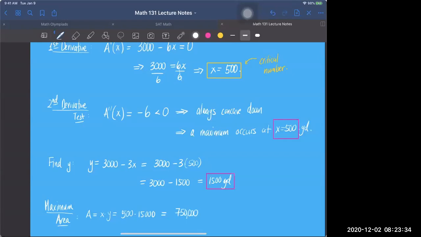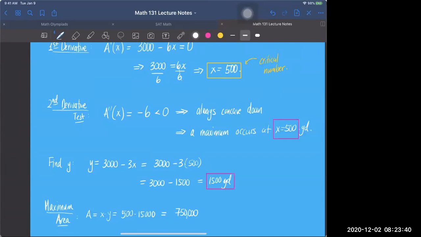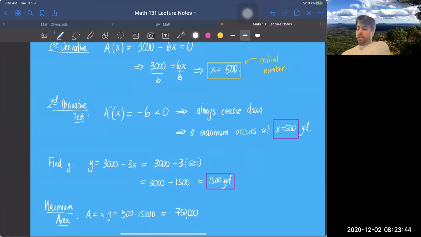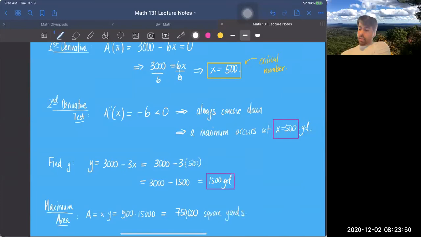Is it yards? Well, we're talking about area, so it's going to be square yards. Oh, square yards, okay. Makes sense. And that's going to be the maximum. You guys see that?